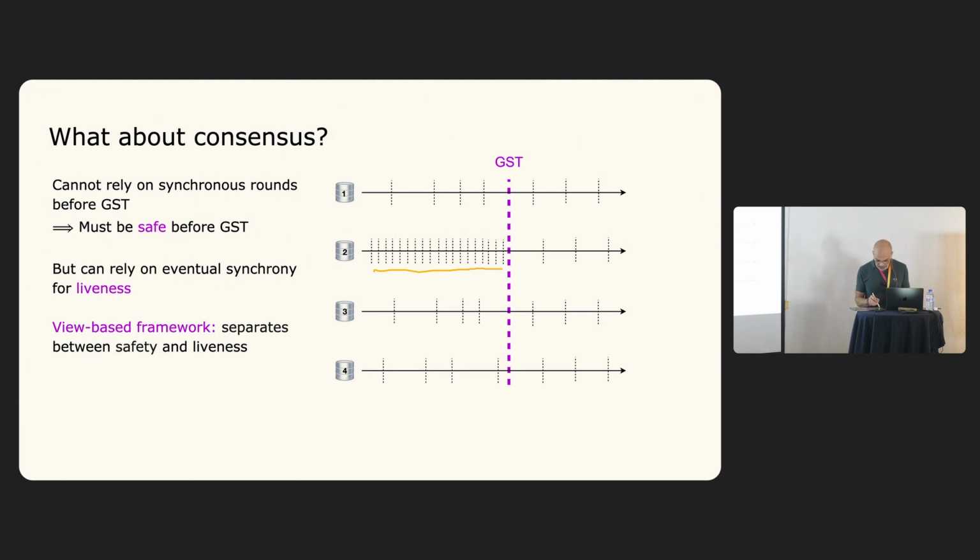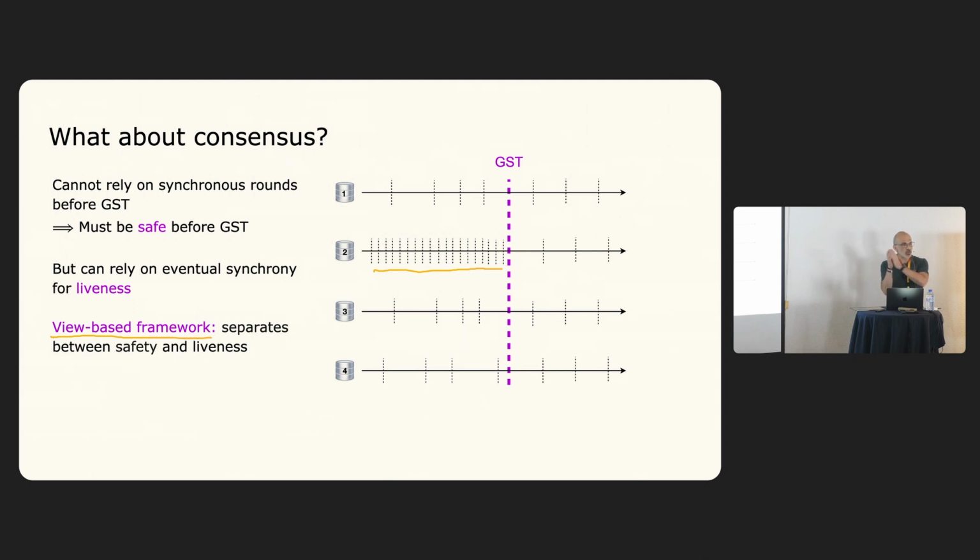So it's not a round-based framework anymore. Instead I'm replacing rounds with views, and it's not just a substitution of view for round. We are going to treat views differently from rounds. A view is just a way to extricate the processes from a situation where they don't have liveness.